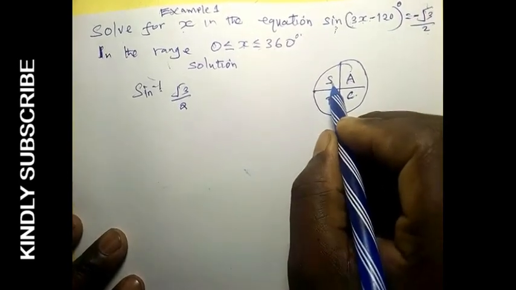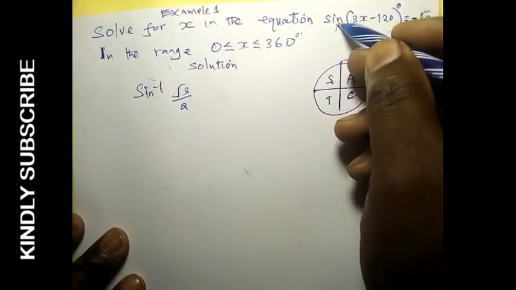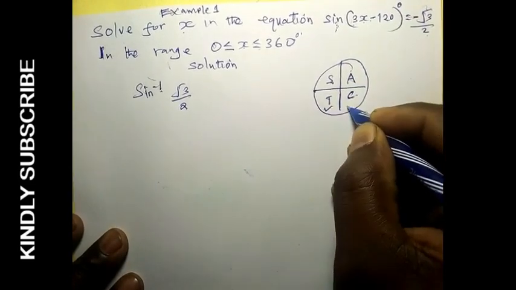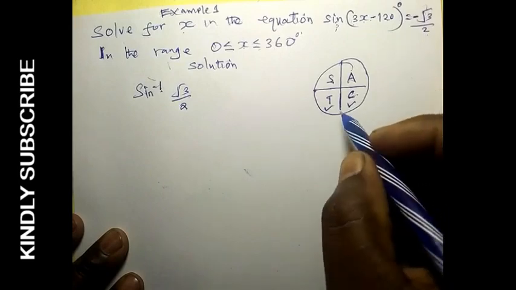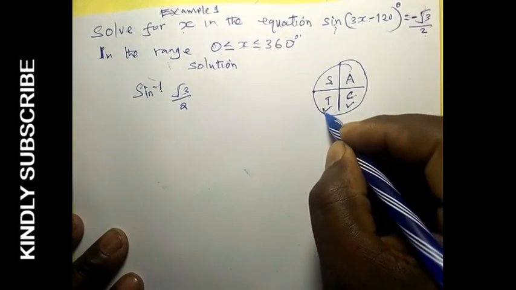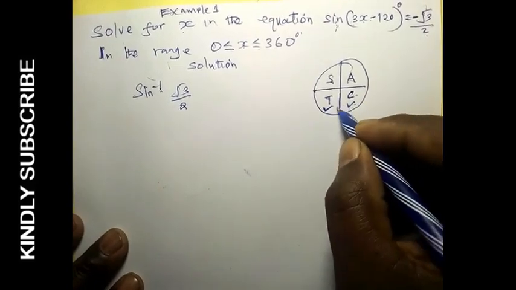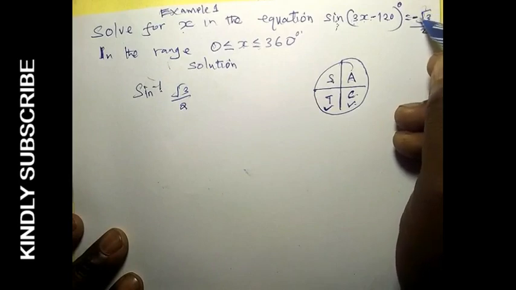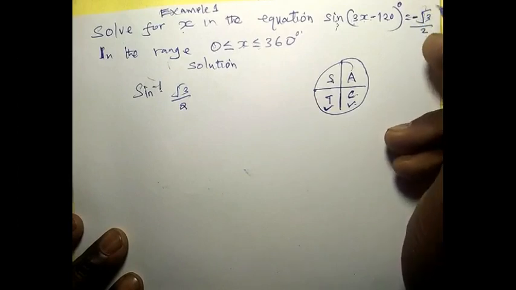Here the sine is positive, and it means that the cosine or tangent is positive in the other quadrants. The sine is negative in this quadrant and this quadrant. So the negative simply tells us that we want to find the angles in the third and the fourth quadrant. So don't include the negative when you are using the calculator. It will give you wrong results.